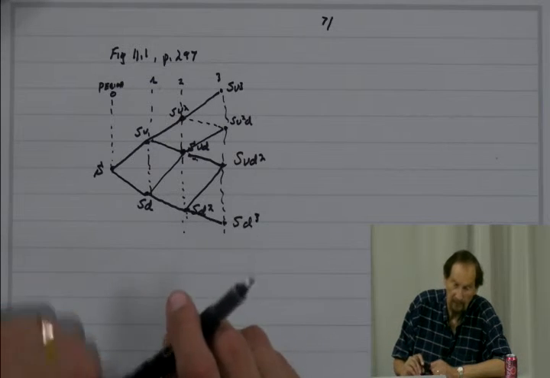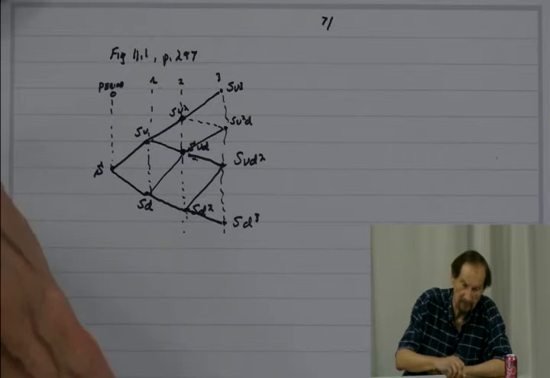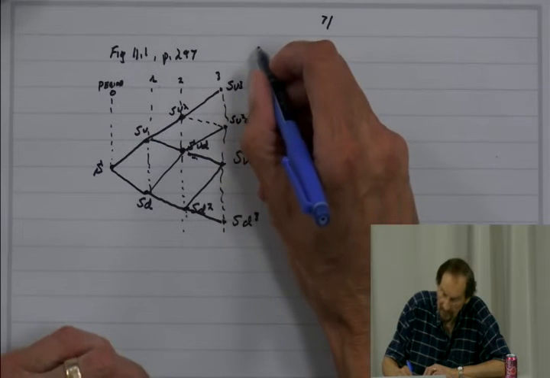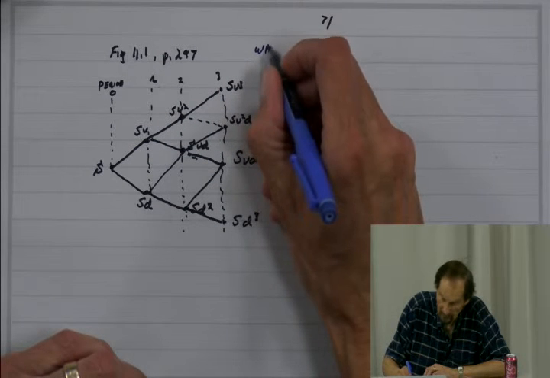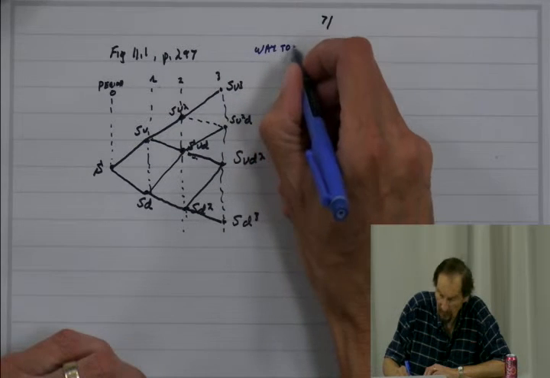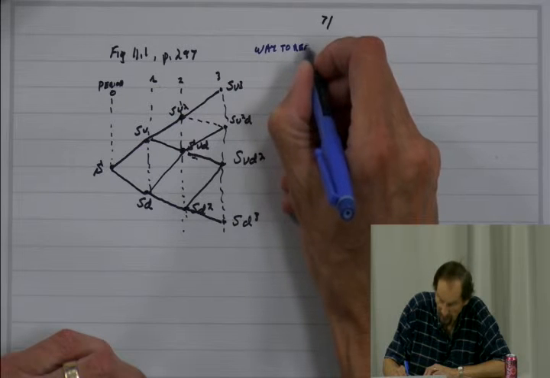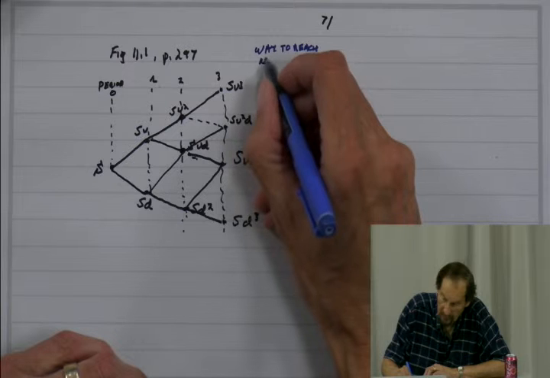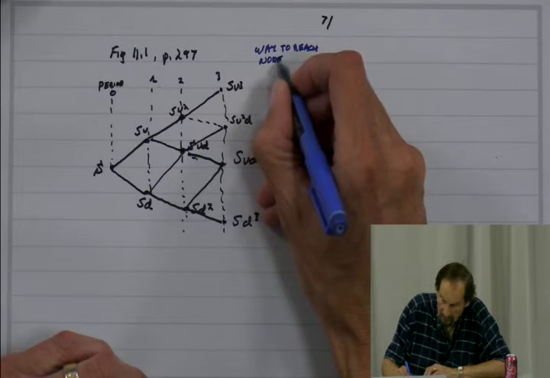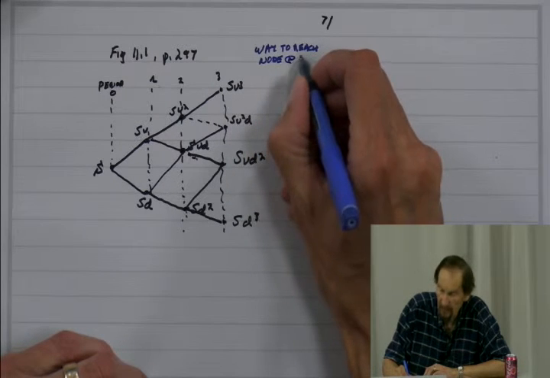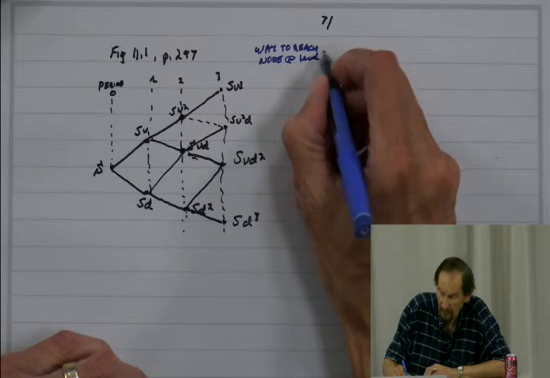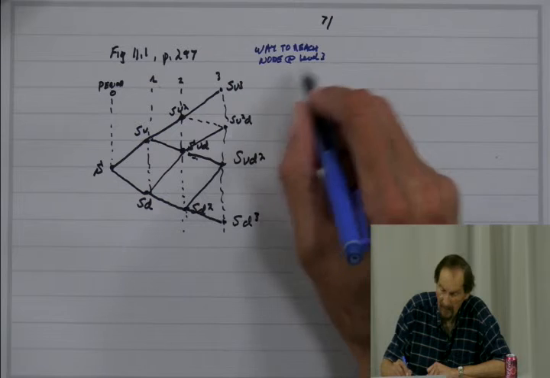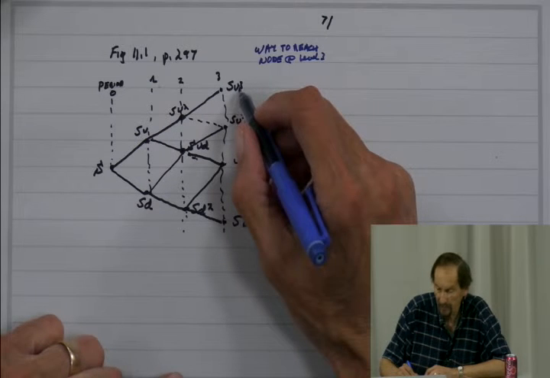Okay. So let's look at this. Let's write the ways to reach a node at level 3. And it really is at the end of level 3. There's only one way to reach this node.